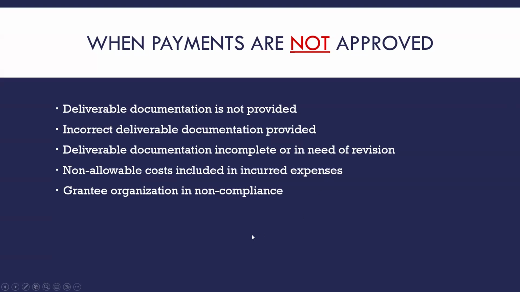Or if you are in non-compliance for some other reason. So if you have not completed your reports with us and we put you in non-compliance, we also can't pay you. So you would need to catch up on your reports. If you have multiple grants with the Department of State, if you're in non-compliance with one of those grants, you're in non-compliance with all of them. So you'll have to make sure that you manage all of your grants in a timely manner.